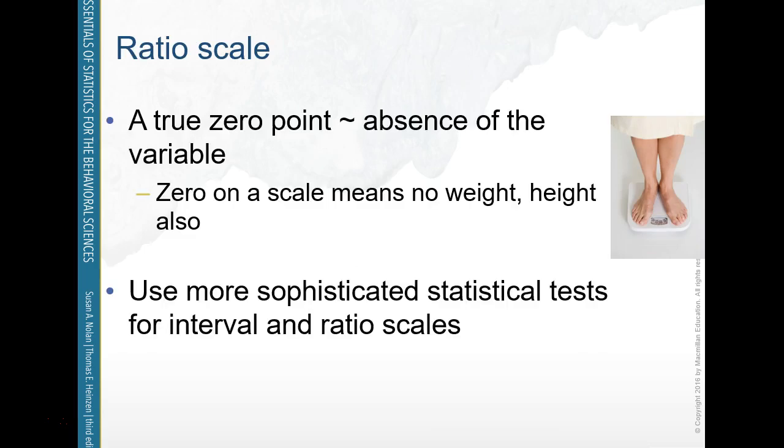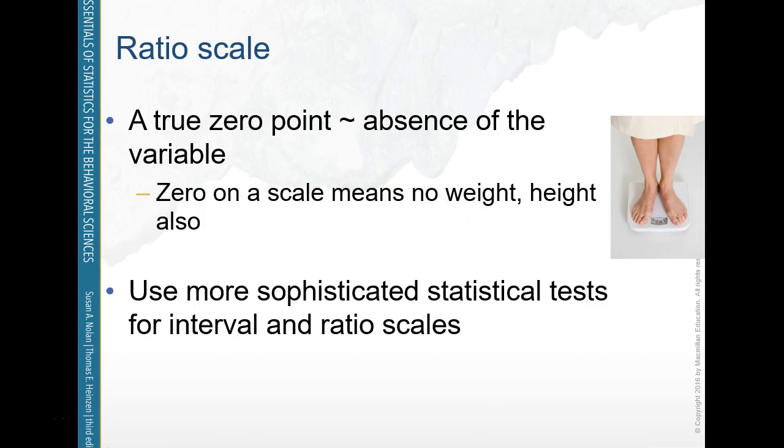When you get to a ratio scale, again, your data is number data, and there are equal intervals between points on the scale, but there is a true zero. Zero means zero. Zero means nothing, the absence of. Zero on a scale of weight means it weighs nothing.